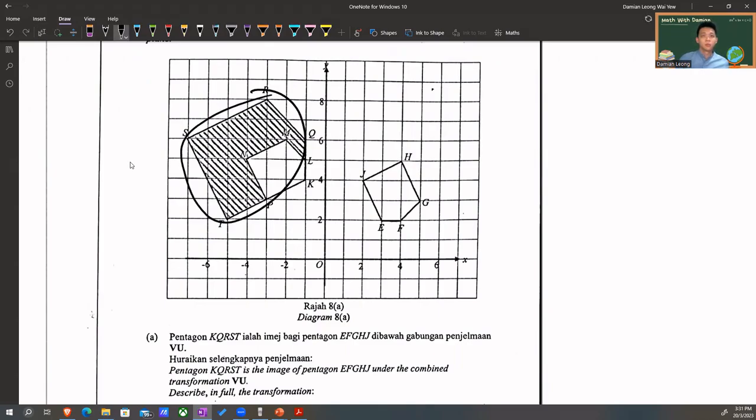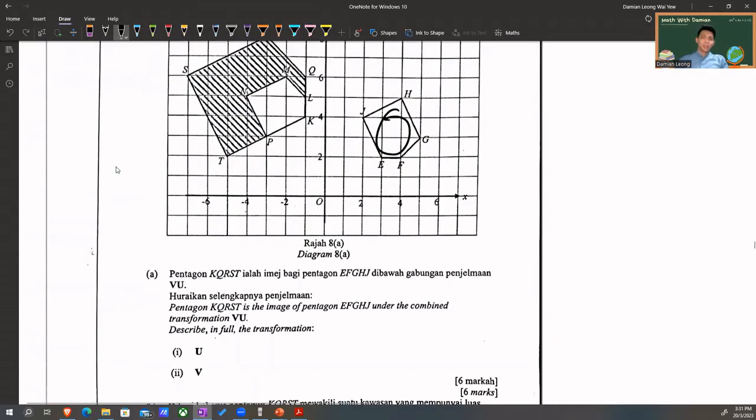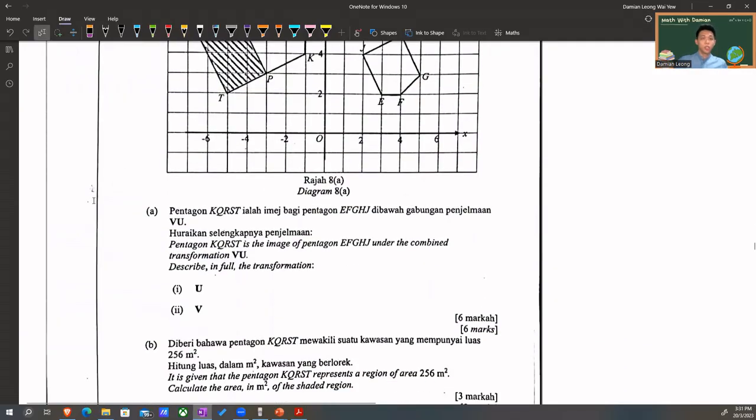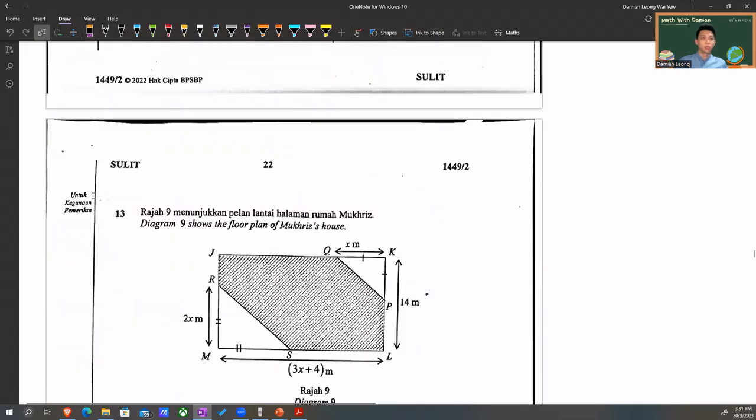This big one is the image of this one in the combined transformation. So you see there are 3 pentagons here. This one is definitely the one in between. Means from this to this, then this to the big one. So it's VU. VU means U first. It doesn't mean V first.